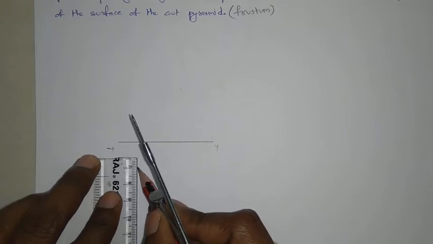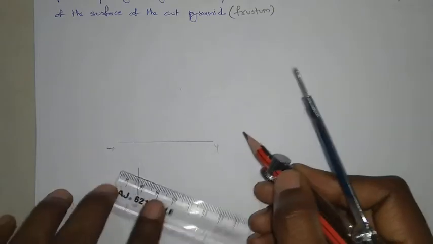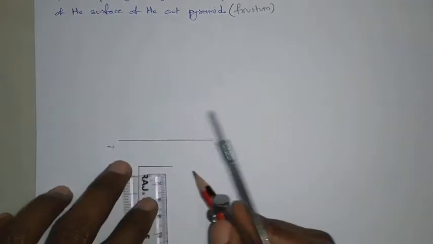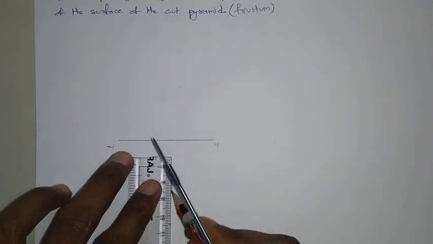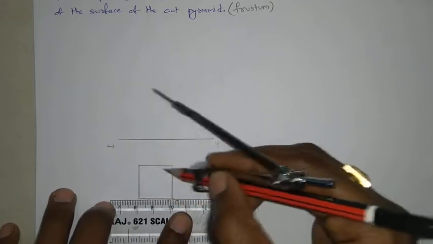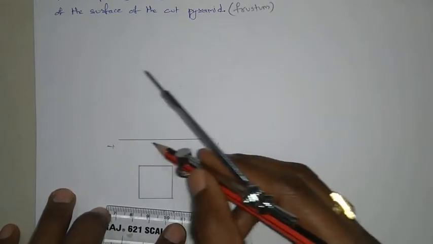He has given the condition that one of the base edges is parallel to VP. So these are 4 base edges. Out of this, one is parallel to VP, so it should be parallel to the XY line.